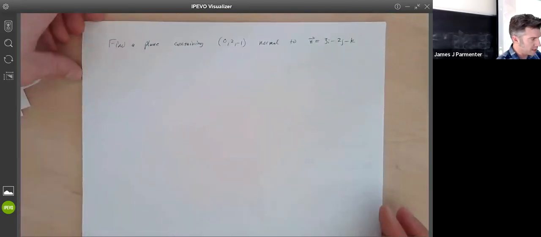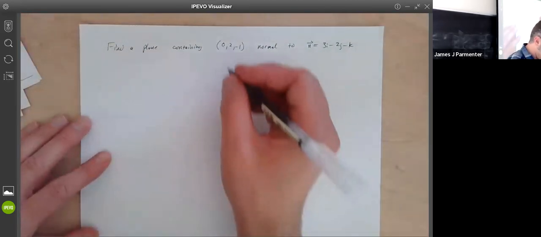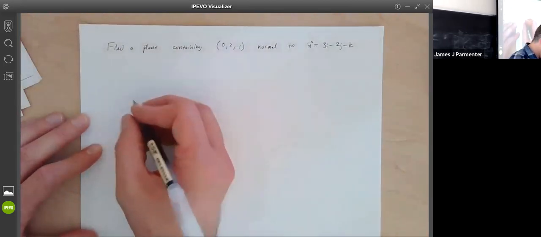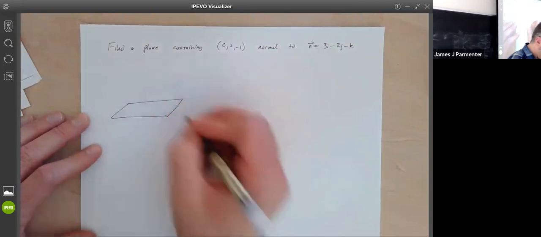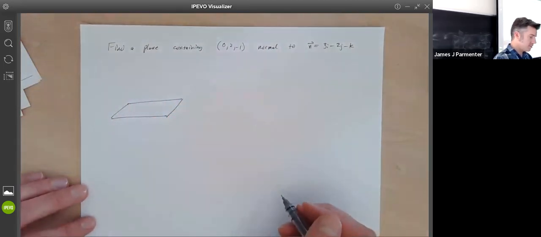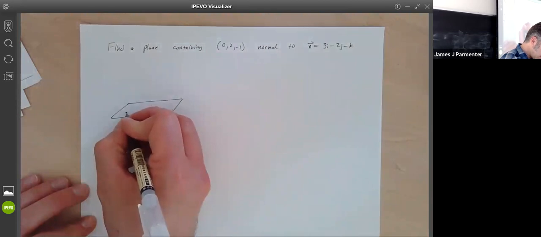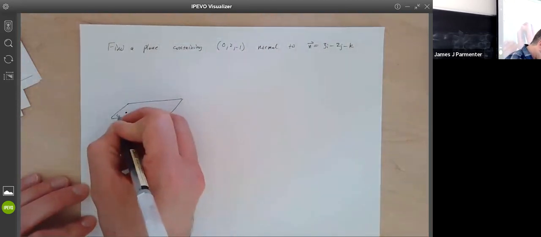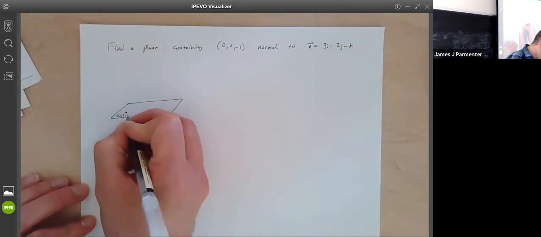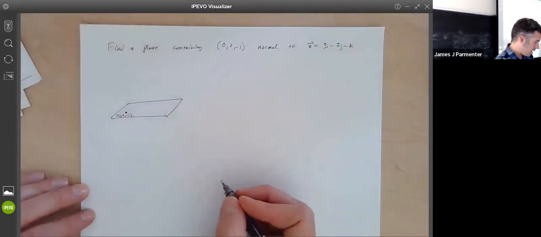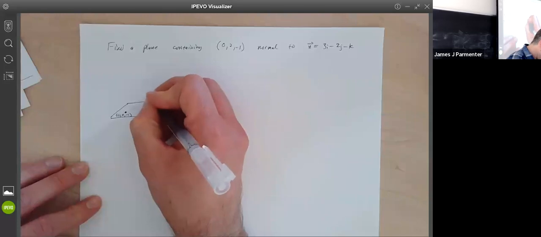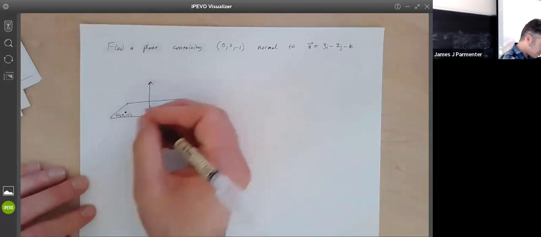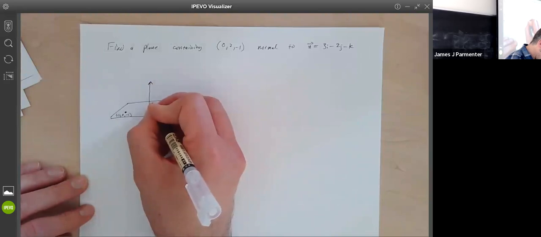And there's a couple of different ways to imagine this. So let's talk about this first way. Here's my plane that I want to find, and there's the point that I know is in it, 0, 2, -1. And we're going to draw the normal vector somewhere over here. That vector is definitely perpendicular to the plane.